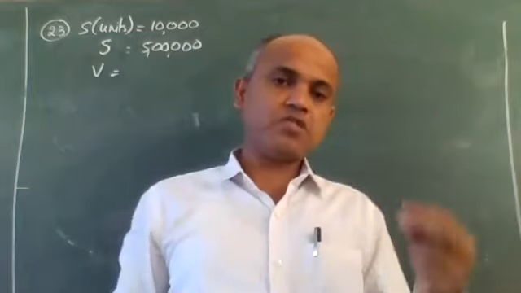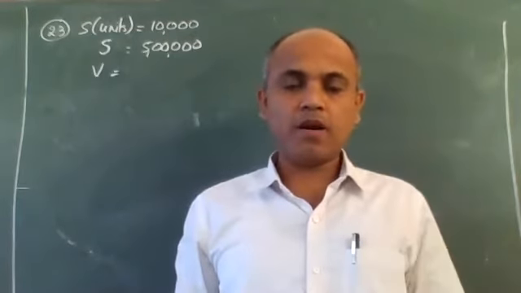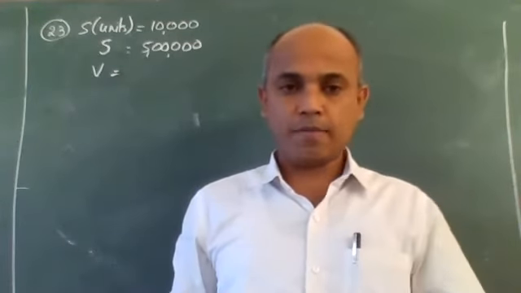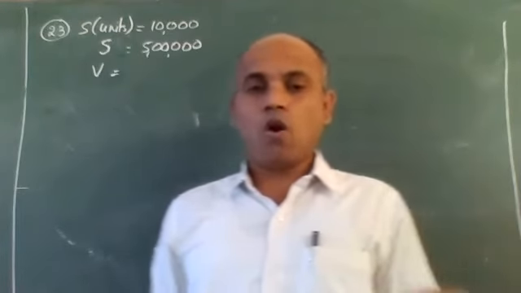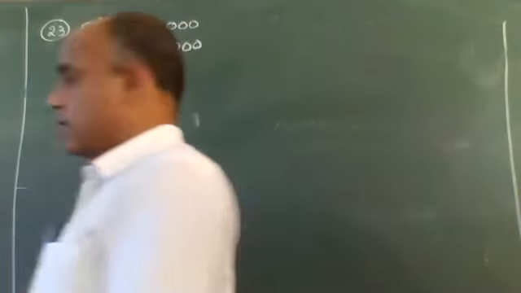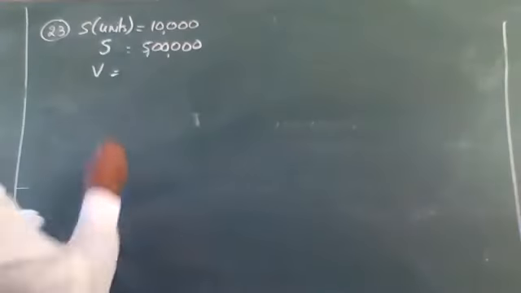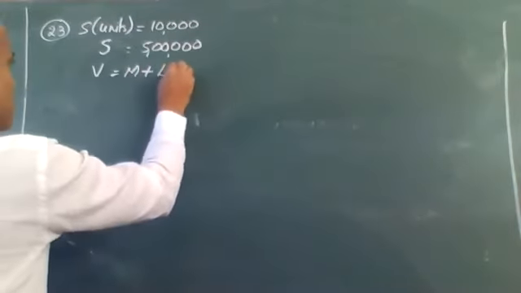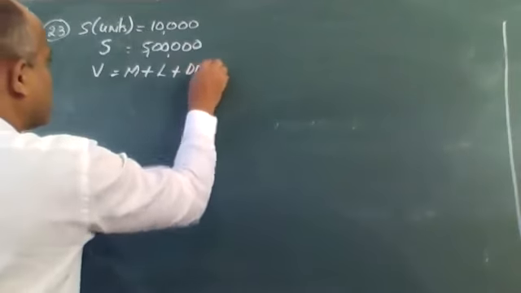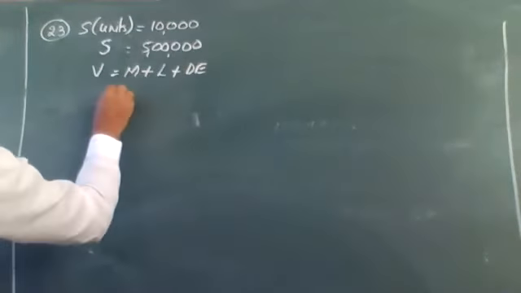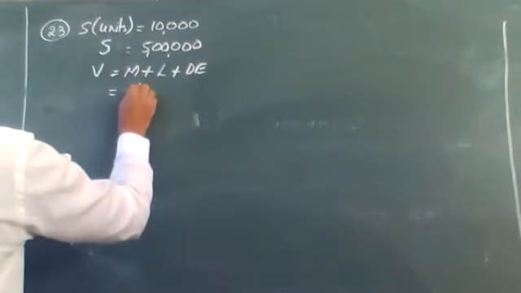When the information is not given about material and labor, we have to always assume that they are direct material and direct labor. And as I told you, all direct cost is variable cost. So direct expenses is again given there. So for us, it is material plus labor plus direct expenses. The total is 1,60,000 rupees.